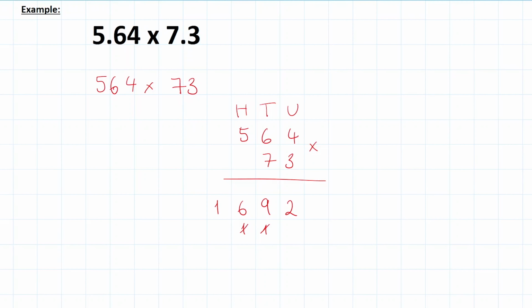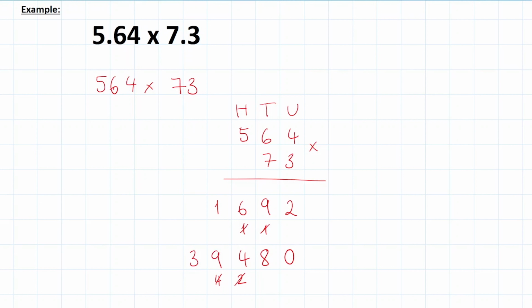Then I'm going to move on to the 7. That 7 is in the tens, so it's 70, which means I need to put a 0 as a placeholder. Then I multiply like normal. 7 times 4 is 28, so write 8, carry the 2. 7 times 6 is 42, add 2 is 44, so write 4, carry the 4. 7 times 5 is 35, add 4 is 39, so I write 39.